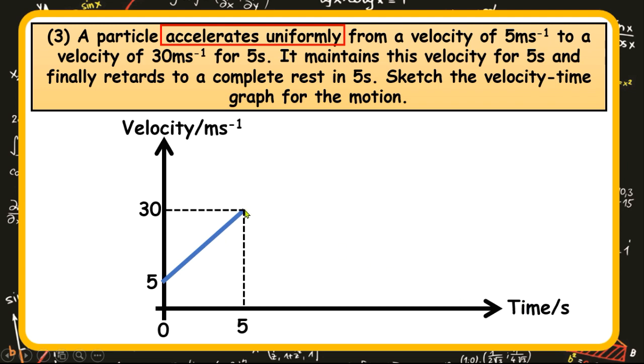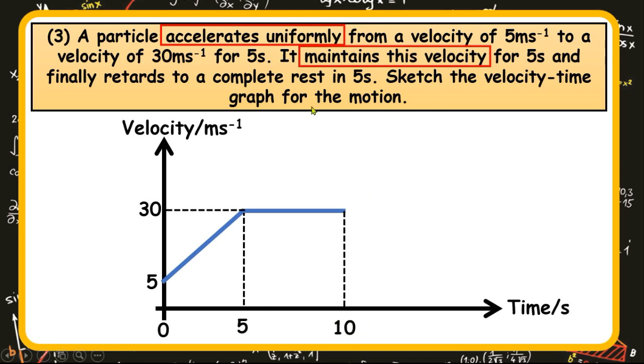From this end, it maintains the velocity, making reference to this 30. Maintaining velocity simply means a constant velocity. It travels along this way like that for 5 seconds as well. Now, adding that 5 seconds to the already 5 seconds, we get 10 seconds.